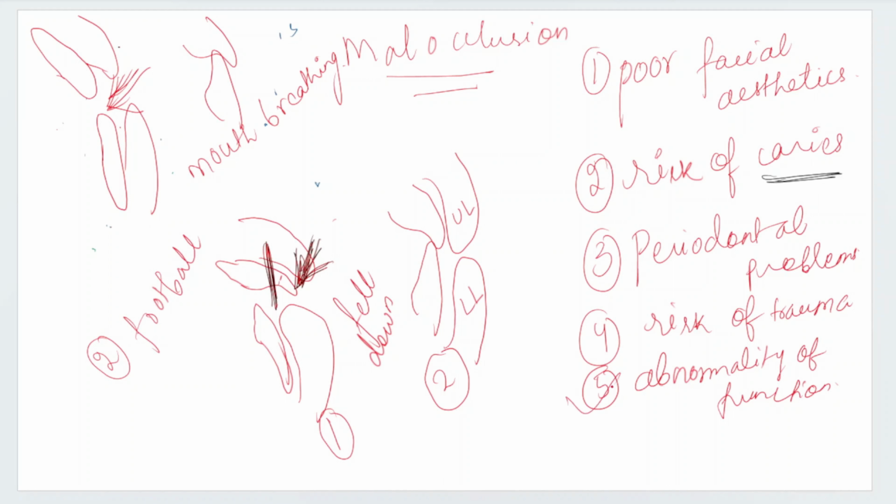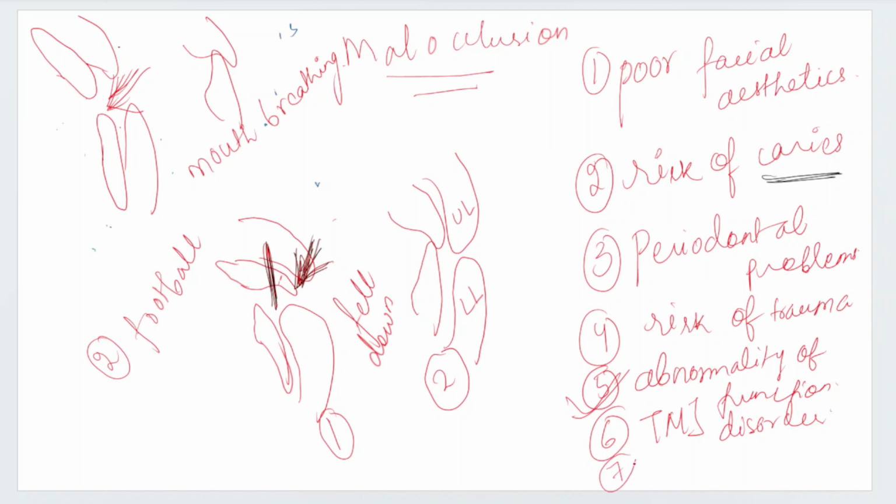Next, there will be TMJ disorders. You know, TMJ is the temporomandibular joint. When the teeth are not properly in contact, the whole load of whatever we are saying or speaking will move on to the TMJ, and it will cause a problem.